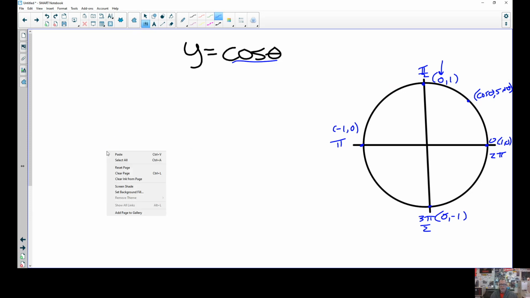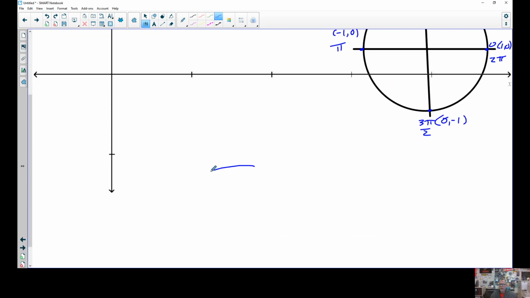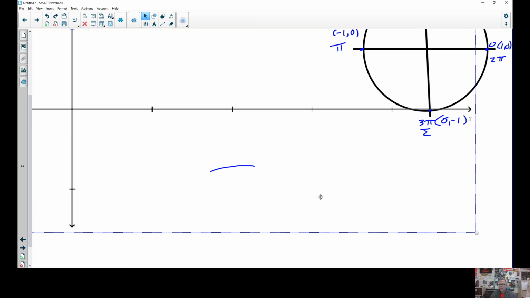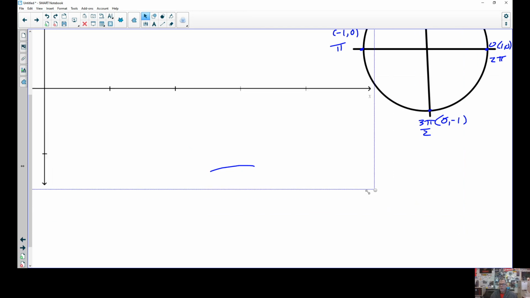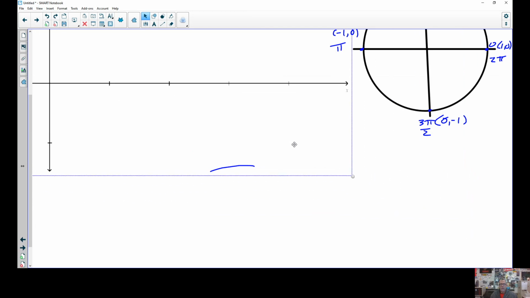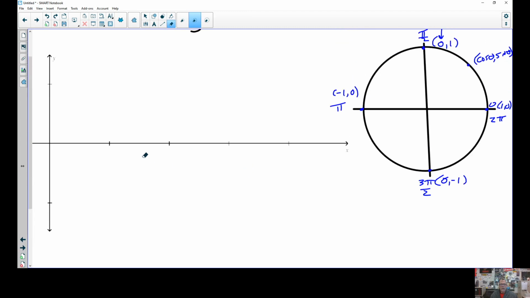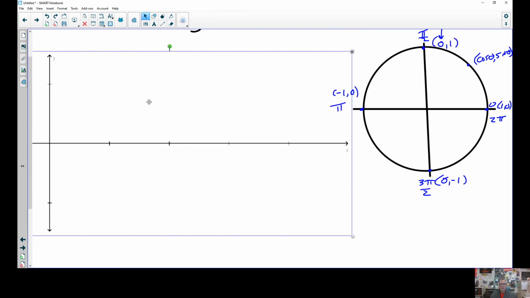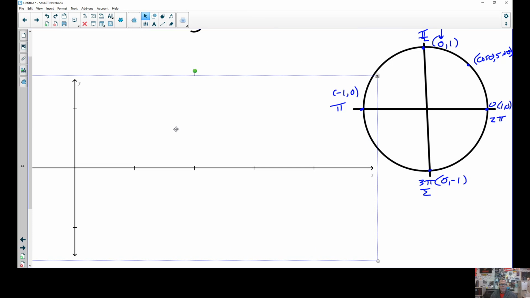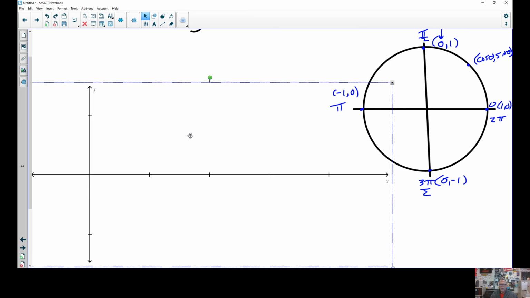All right, so we're going to use that again. And I'm going to paste that in. And again, I am going to shrink it a little bit and move it around. All right, I think we're good there. All right, so let's do this.